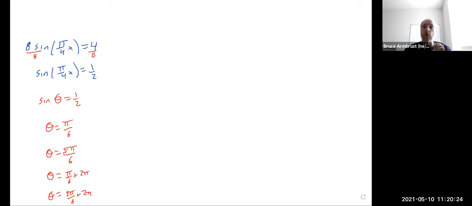But because it asked for more, we had to do more cycles. We're just going to keep doing cycles until we get enough of them. So these other 2, if you get common denominators, this is 13 pi over 6. And this is 17 pi over 6.